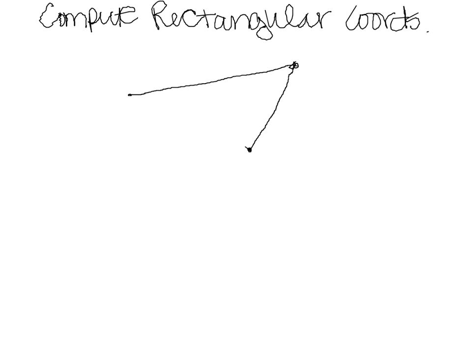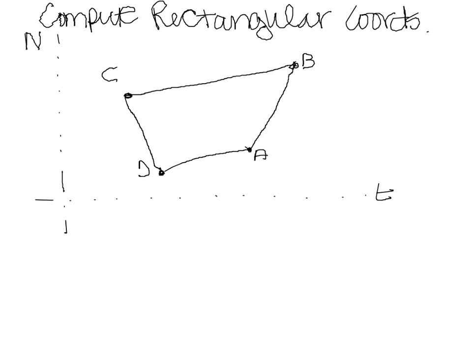This is really hard to draw on here. So that's A, B, C, D. What we want to do is come up with, as if this were on a grid, a coordinate system, where this is north, or our y direction, and this is east, our x direction.